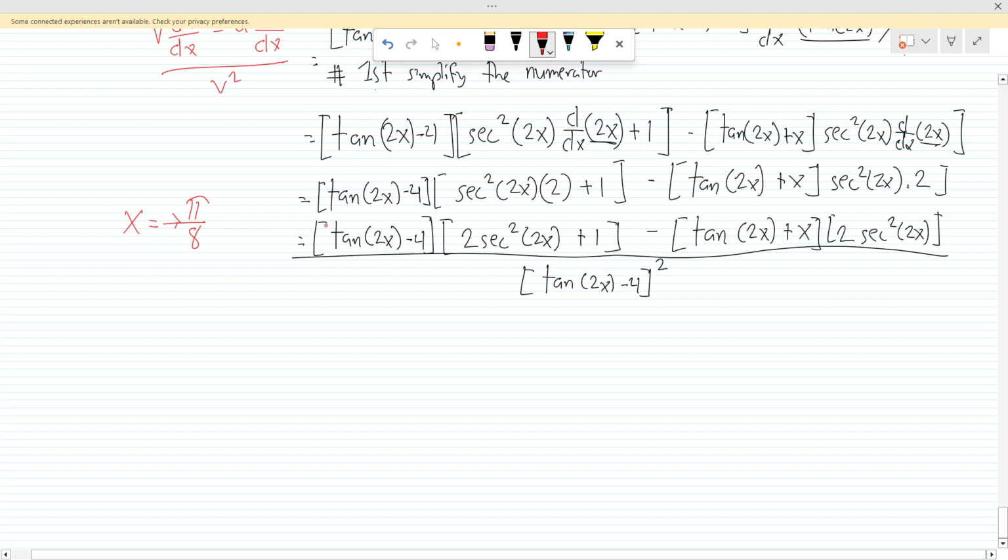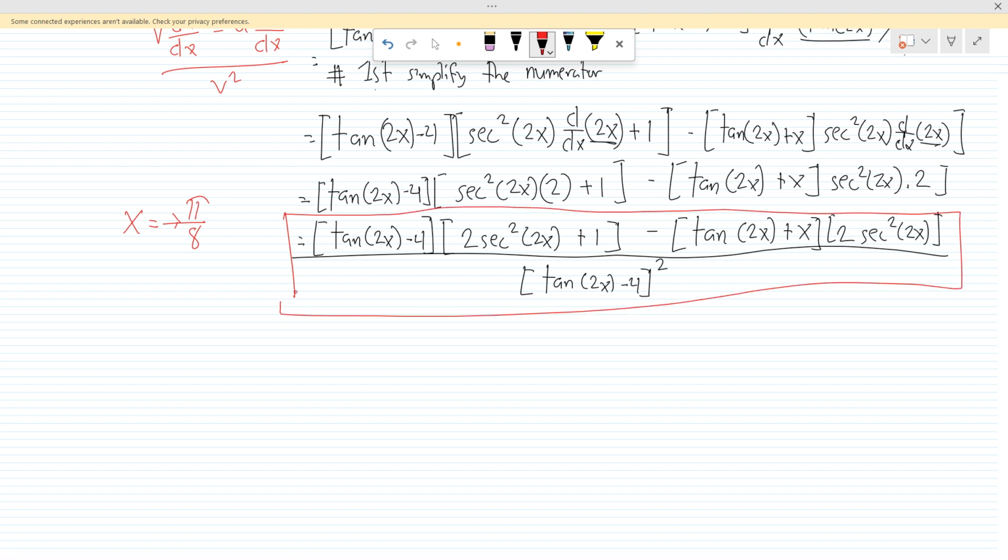So please input in your calculator. Please use this equation. For sure, I don't know if all the calculators can accommodate this large quantity of equation. So you can do it part by part.